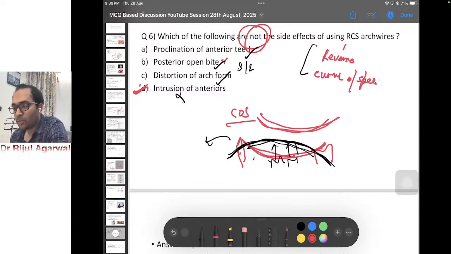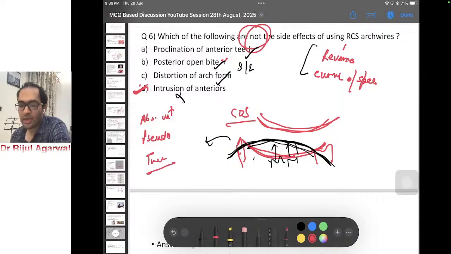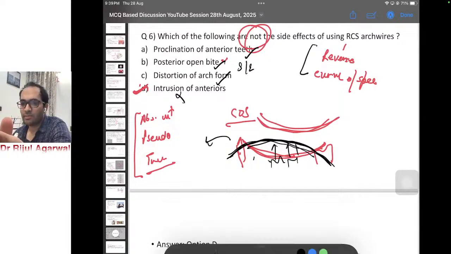Next, for bite opening, remember absolute intrusion, pseudo intrusion, true intrusion, and all those 4 terms. Okay, so all of this you can get from the topic of bite opening in your exam.